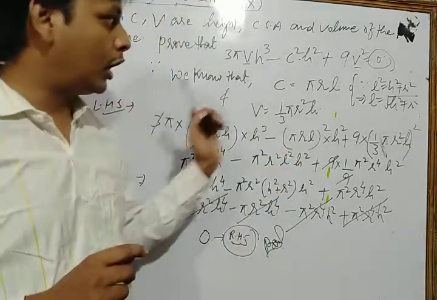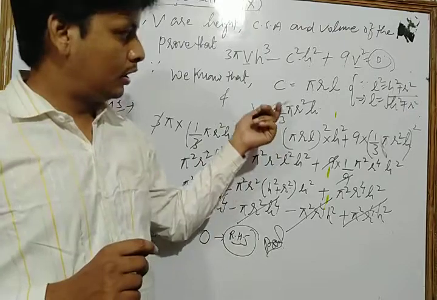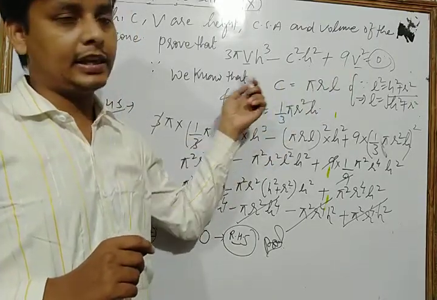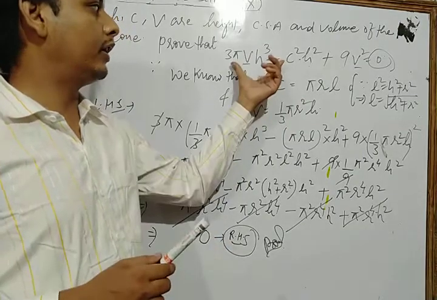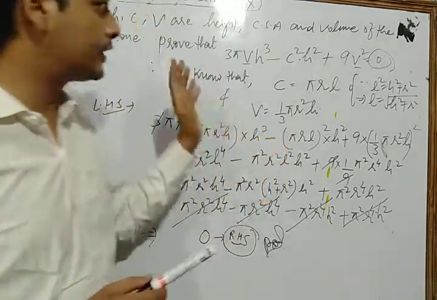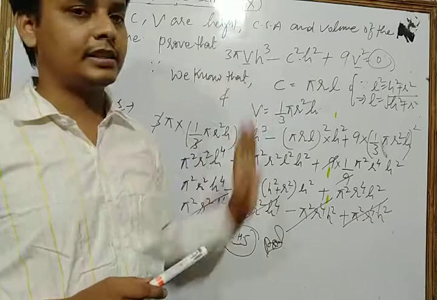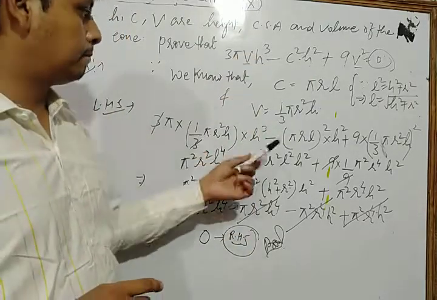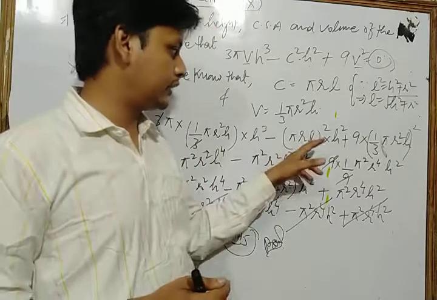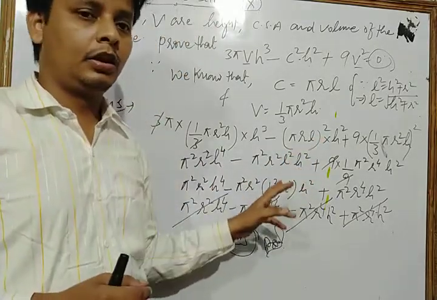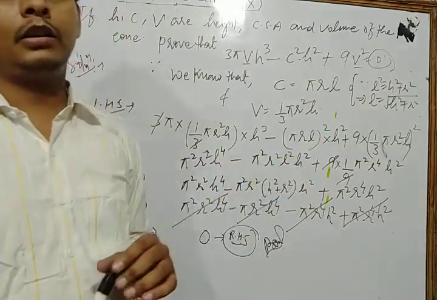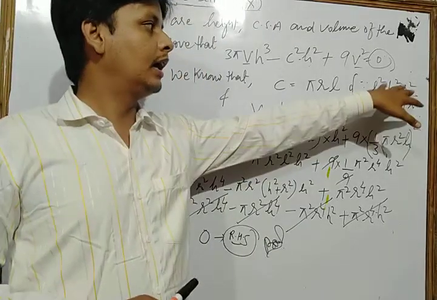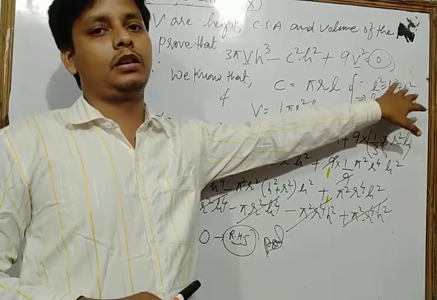Now we take the LHS and put in all the values of each variable, that is V and C, and we write H as it is. After the square we get L square, and here we replace L square by H square plus R square.